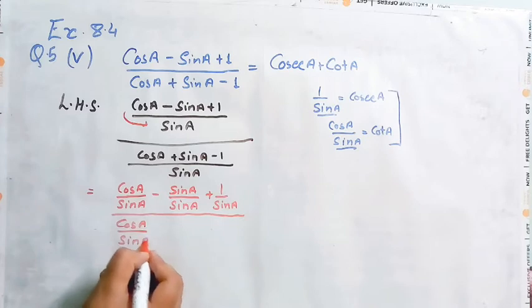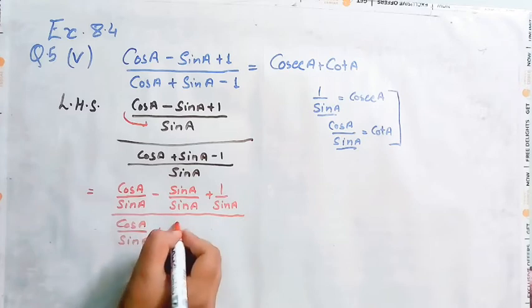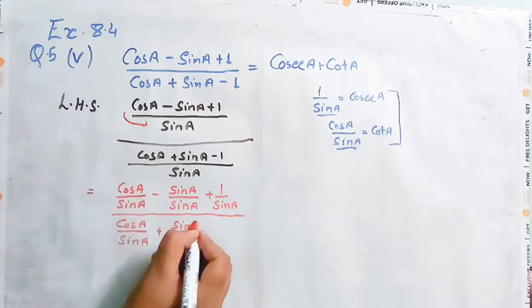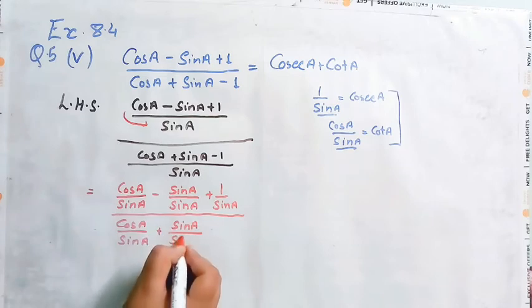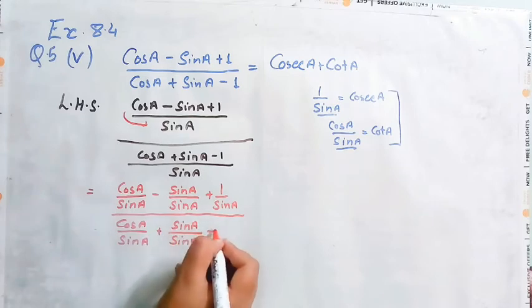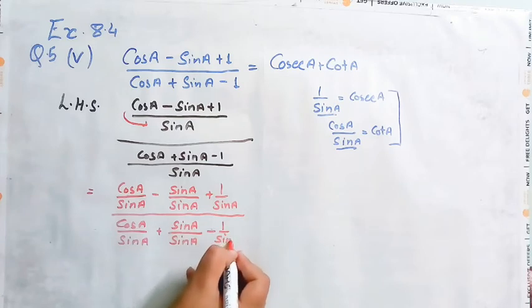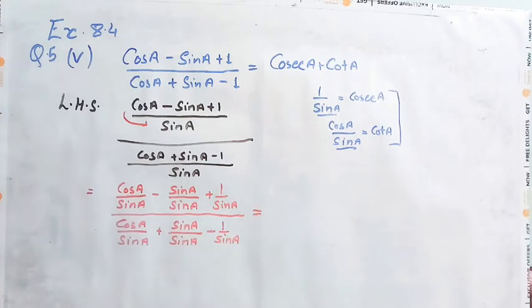I repeat, we have to divide each part separately. So plus sin A upon sin A minus 1 upon sin A. Now why are we dividing?